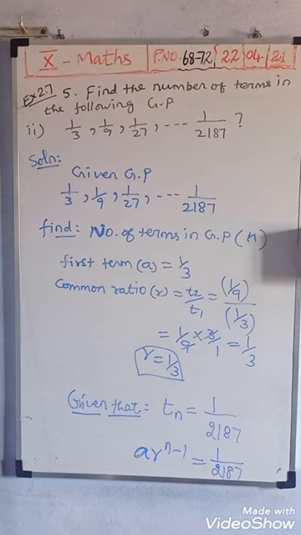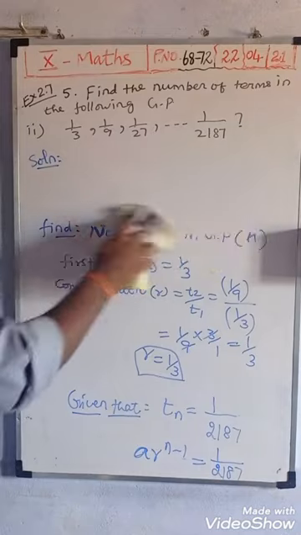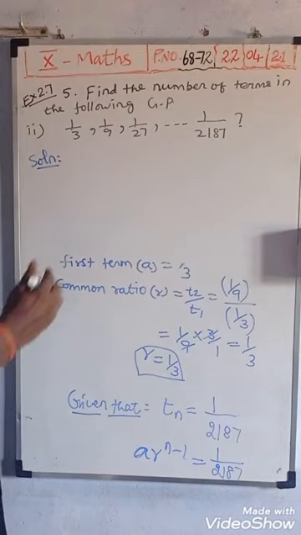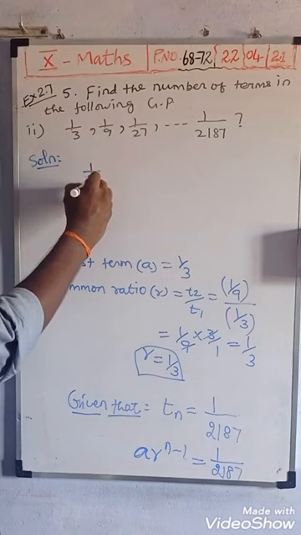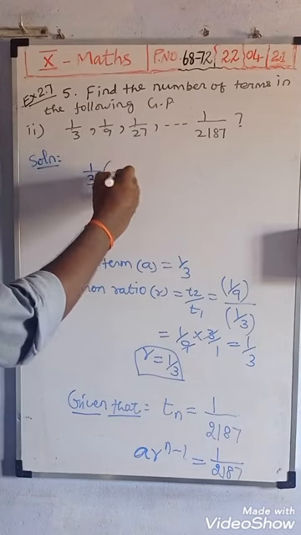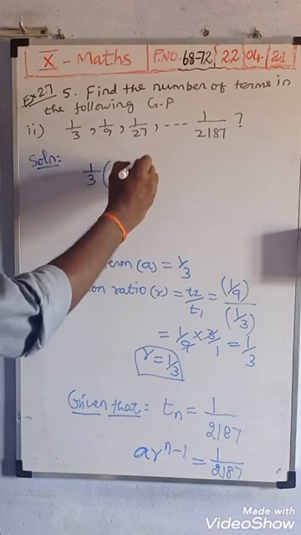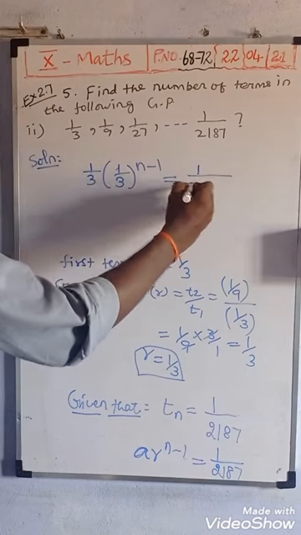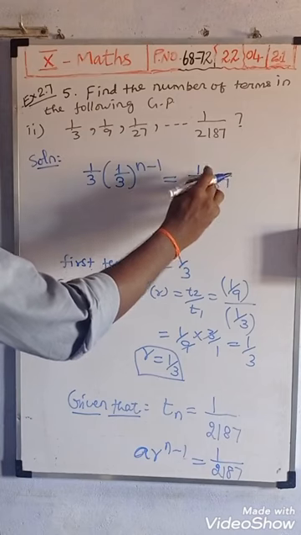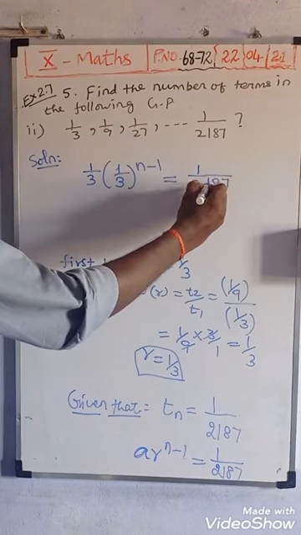Now substitute the values of A and R. A is 1/3, and R we also received as 1/3. So (1/3)(1/3)^(n-1) = 1/2187.